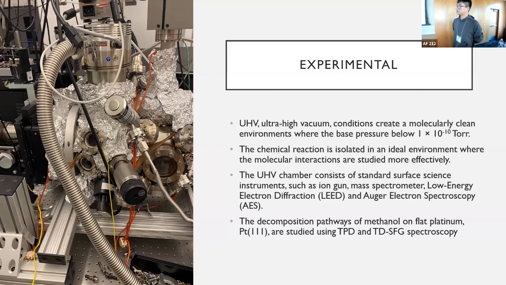The mass spec is used to determine the reaction products. LEED determines the long range structure of the surface. And AES is used to determine the quantity of carbon and oxygen on the surface when it was heated.